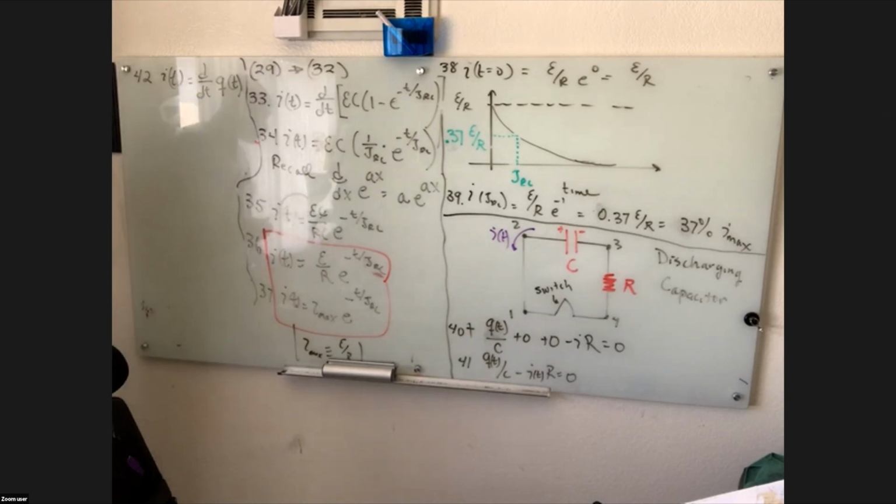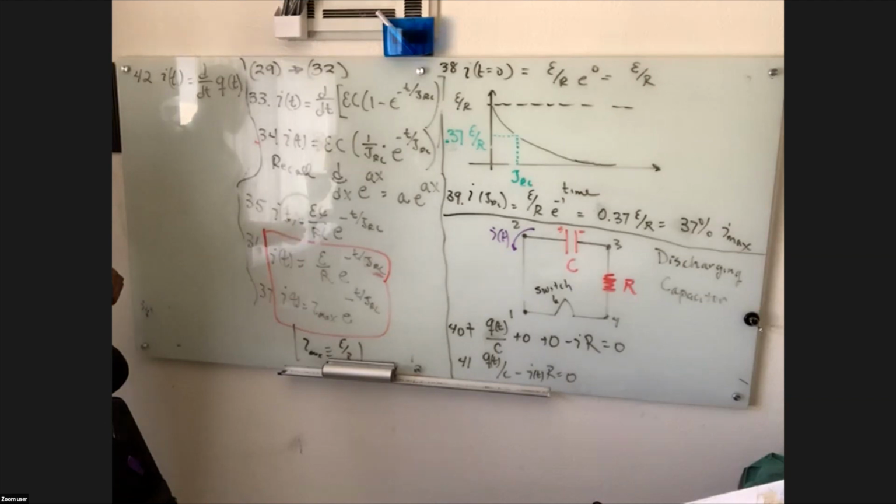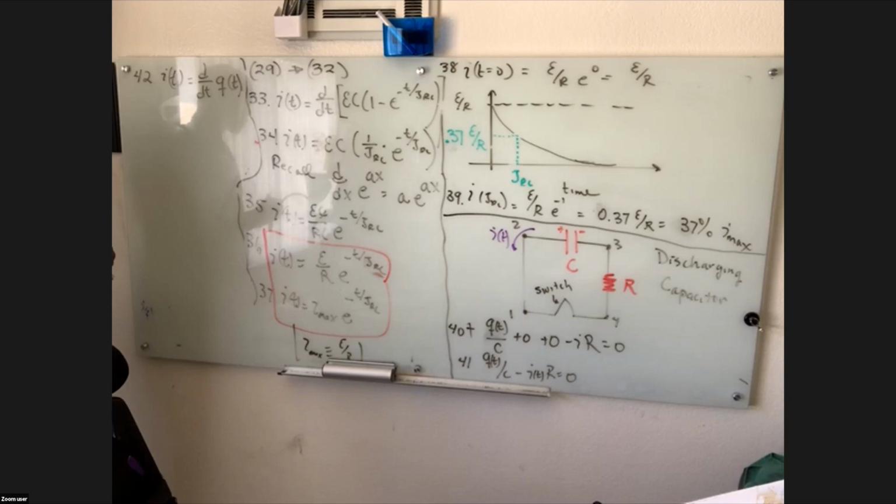Before, when we were charging, we had the battery in the circuit in such a way that the current was going in the clockwise direction, right? Now this current is going in the counterclockwise direction. So we have to establish a positive orientation and make a distinction between that. Otherwise, we're going to introduce a sign error.